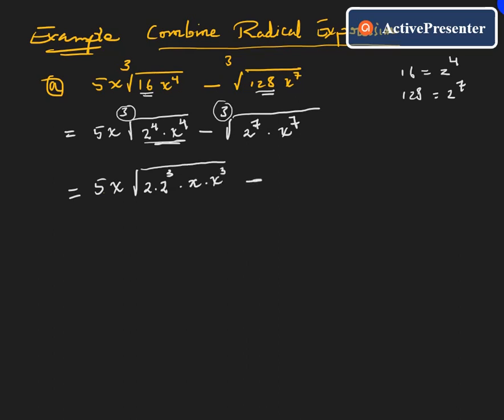Minus, we will do the same here. 2 to the power 7 is 2 to the power 3 multiplied in 2 to the power 3 multiplied in 2. Also x to the power 7 is x to the power 3 multiplied in x to the power 3 multiplied in x.